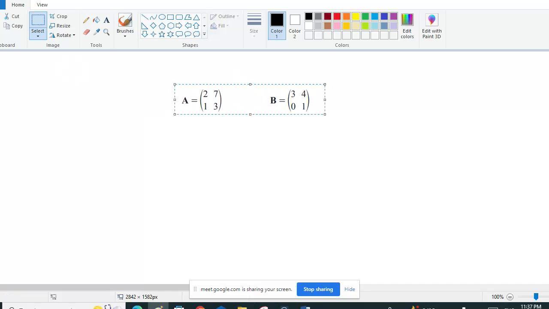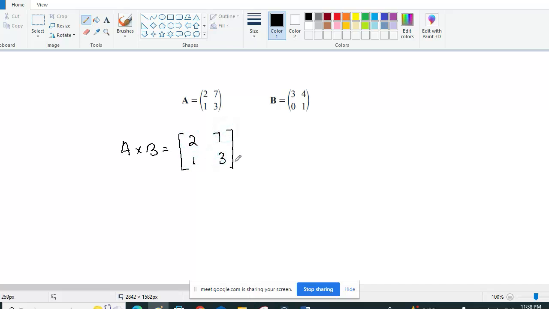Now, if I am doing the multiplication of these two matrices, I write them like this: A multiplied by B is equal to the first matrix, that is 2, 7, 1, 3, multiplied by 3, 4, 0 and 1.